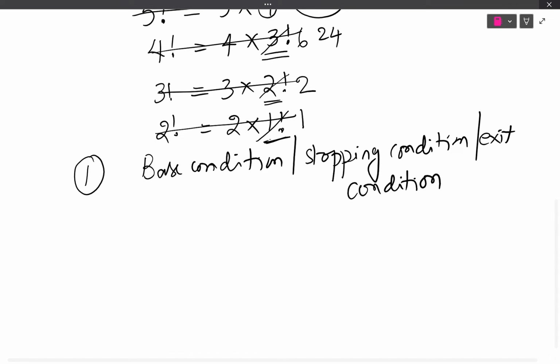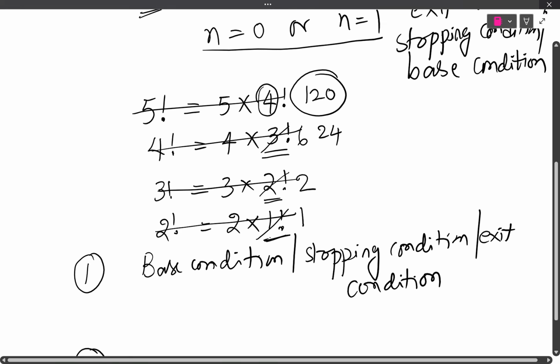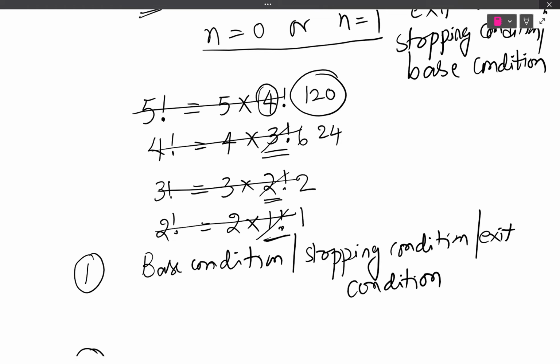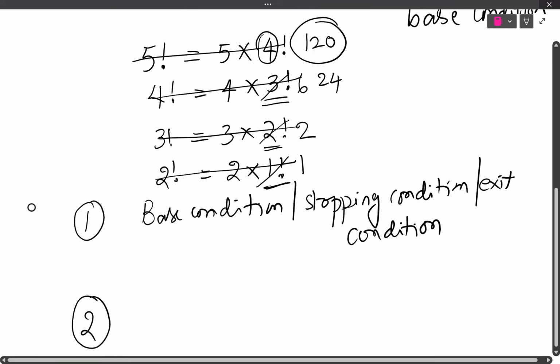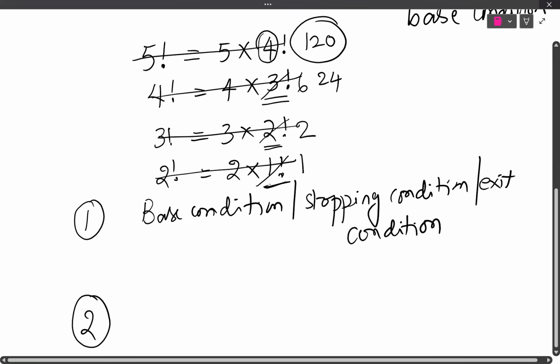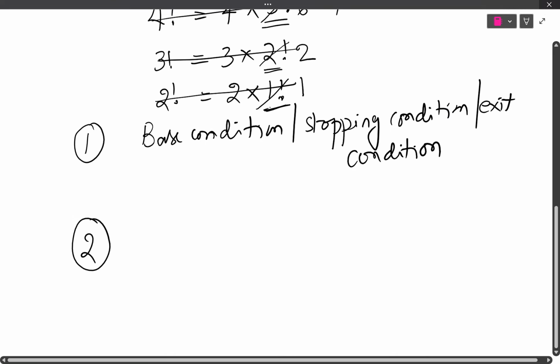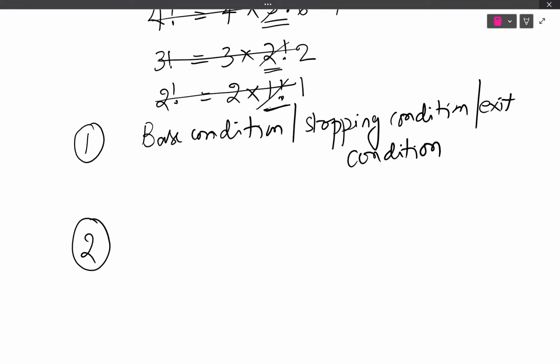Next, another one. You see, I started with 5 factorial, then I went to 4 factorial, then 3 factorial, then 2 factorial, then 1 factorial, and then I stopped. That means after every recursive call, or after every call that we make to that term, that must come closer to the stopping condition or exit condition.